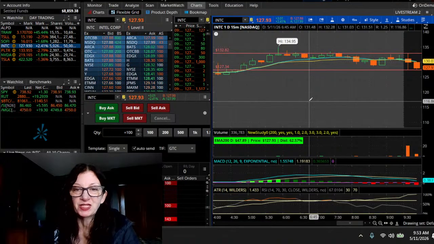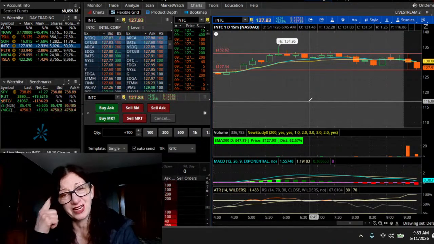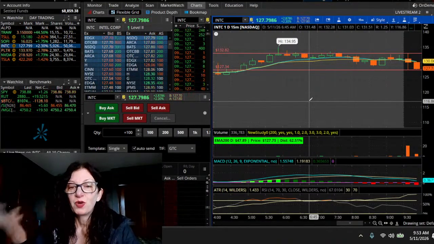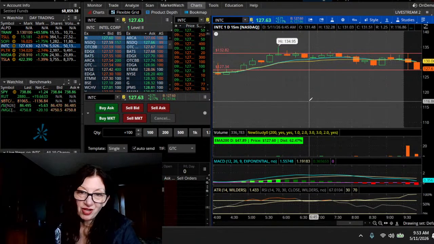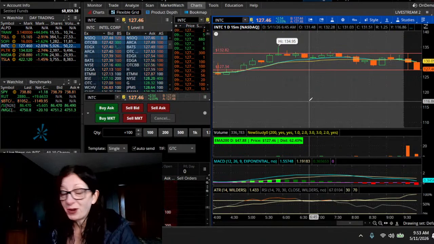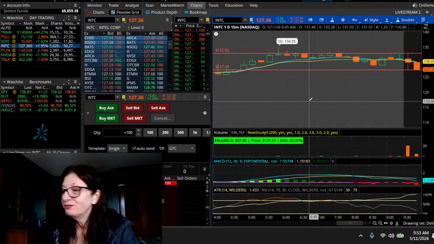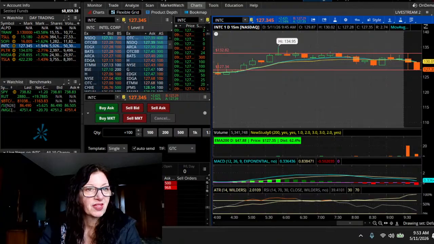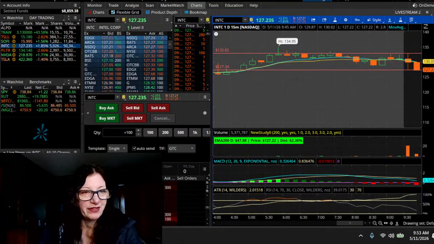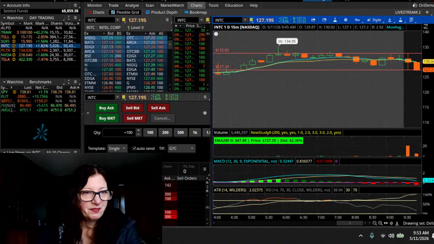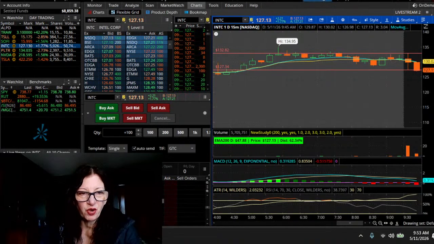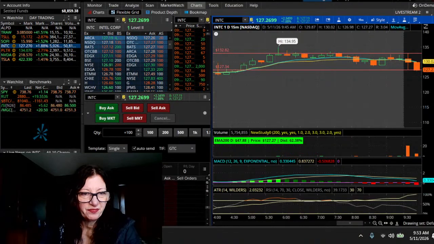Ross Cameron's book is more inspirational, about understanding mindset and psychology, whereas Andrew Aziz's book is more technical. This time I understood a lot more of it. I'll probably read it again. I have it on Kindle, and I'm looking right now at a section on the opening range breakout.